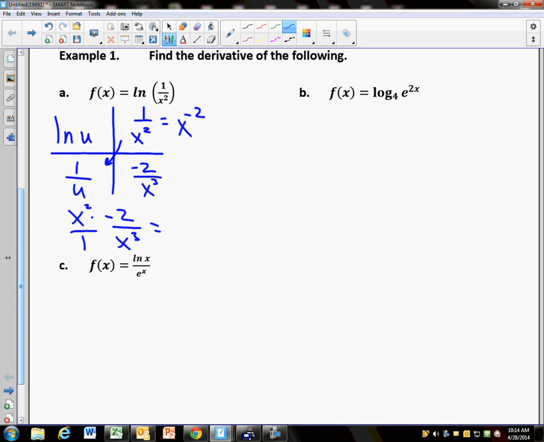What do you get on top? That's the derivative. Is that kind of neat how that works out? So the natural log completely goes away. You're left with a power function. Works out pretty good.